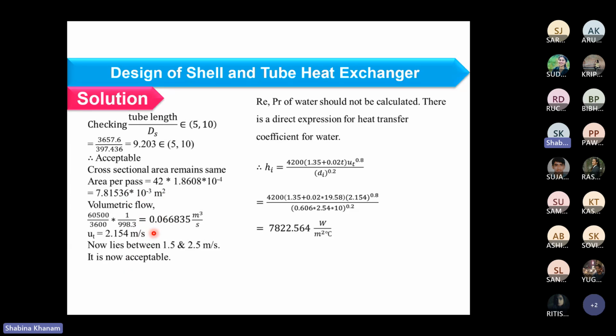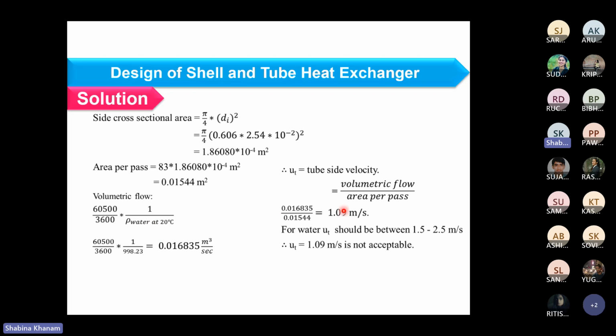So when we considered the initial velocity, it was coming as 1.09. So while making the pass double, we should consider the velocity should be just double to that. But if you consider 1.09, the double of that should be 2.18.